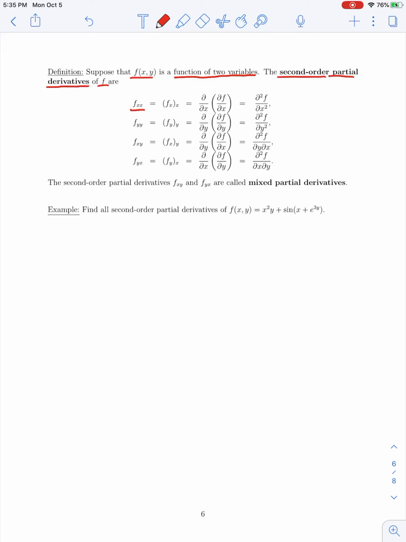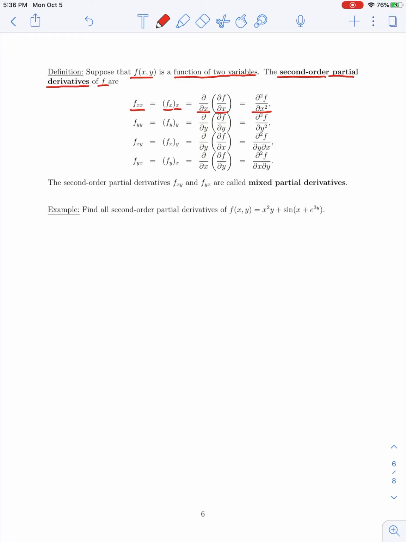So f sub xx would denote the partial derivative of f with respect to x, then differentiated again with respect to x. Or using the Leibniz notation, we would differentiate with respect to x the partial derivative of f with respect to x. Or we could rewrite this as del squared f over del x squared.